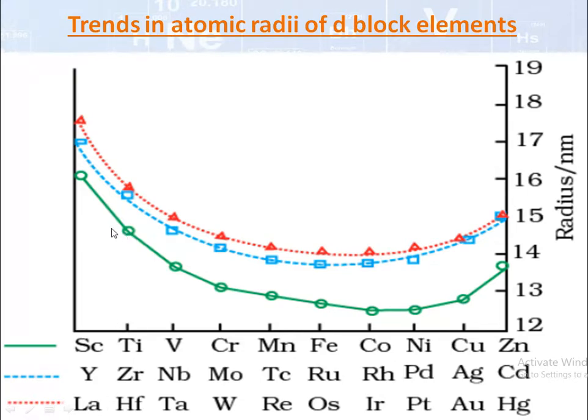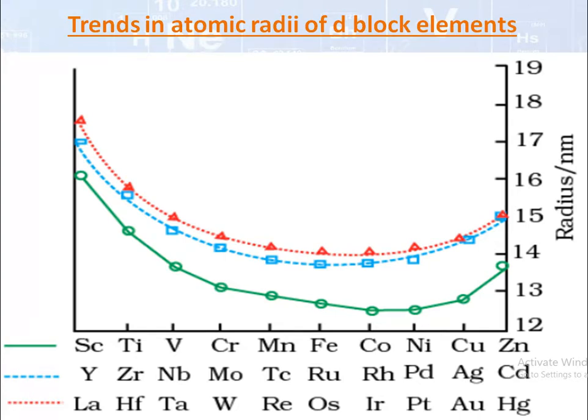In a series, for example in the 3d series, the atomic size of the elements gradually decreases, then remains almost constant for a few more elements, and then increases slightly towards the end of the series. This is the minor variation in atomic radii within a particular series. So in general, as we move from left to right in a transition series, the atomic radii decrease.